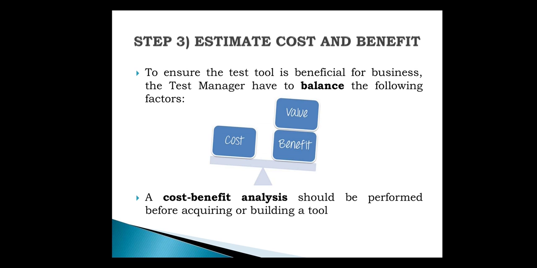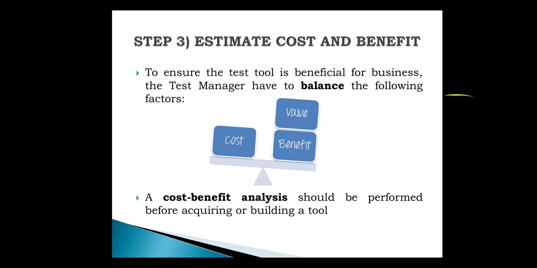So accordingly you need to finalize your tool, right? So a cost benefit analysis should be performed before acquiring or building a tool. So you need to consider these things while estimating for the particular tool.